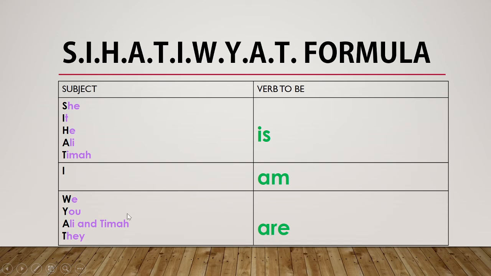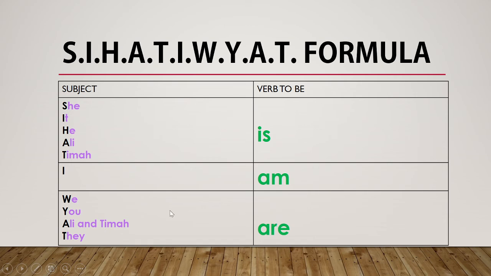Same goes if the subject is "my friend and I". So which one should be the correct verb to be for "my friend and I"? Would it be "my friend and I is", "my friend and I am", or "my friend and I are"?